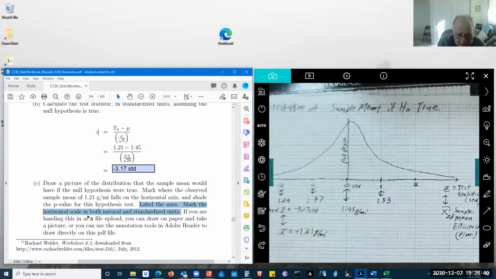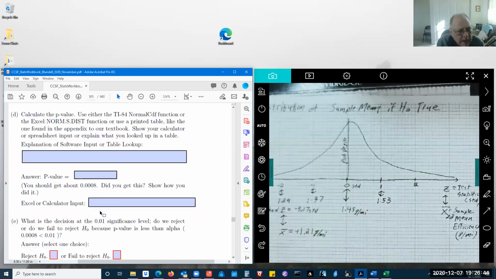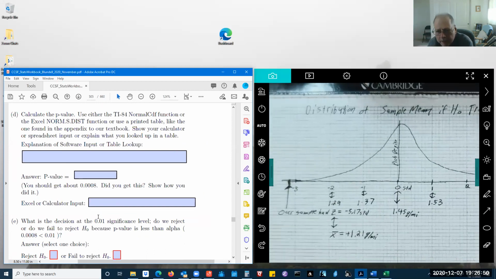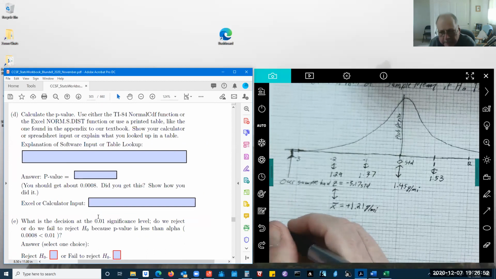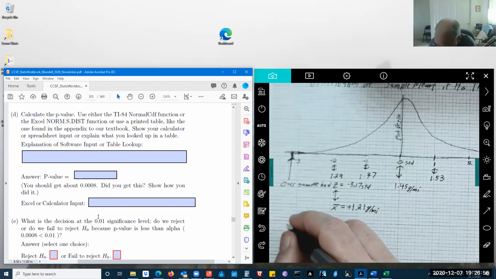Okay, so we've done question C. And now we're supposed to calculate the p-value. And we need to just keep repeating and clarifying what's the p-value.